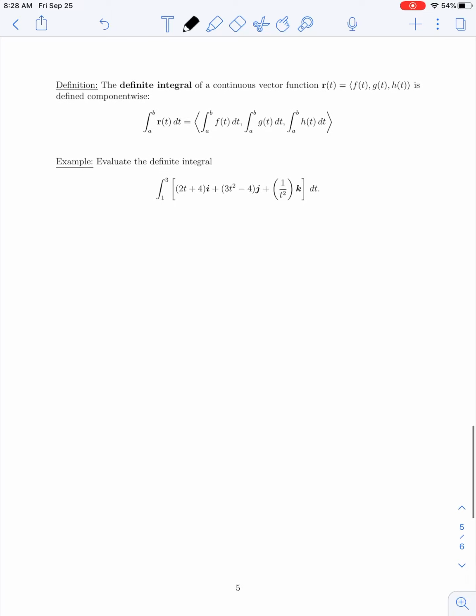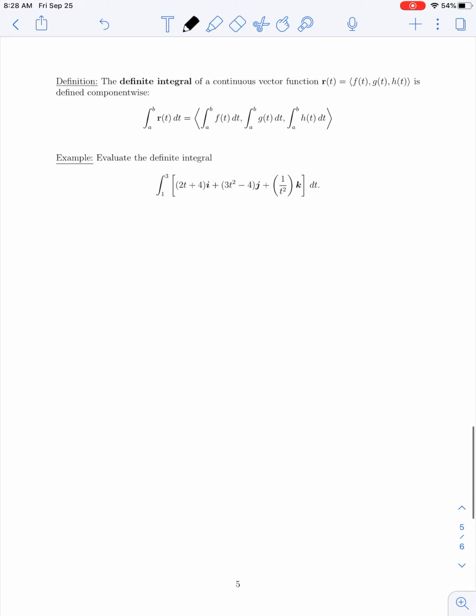So let's start by defining a definite integral of a vector function. So here we would say the definite integral of a continuous vector function r of t, whose component functions are f, g, and h of t, is defined component-wise, just like the limit or the derivative of a vector function.